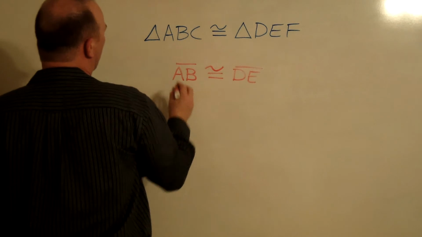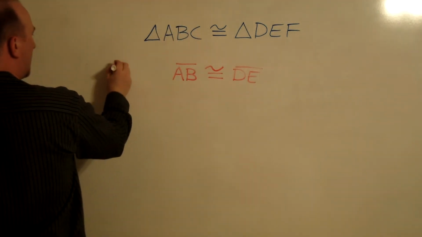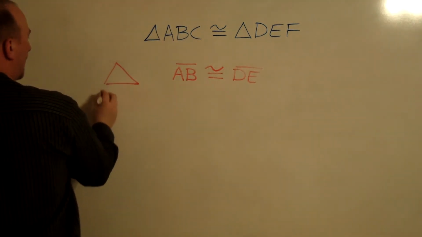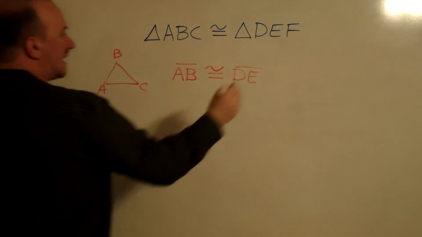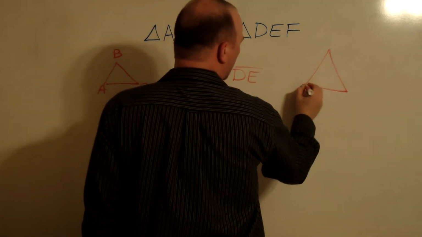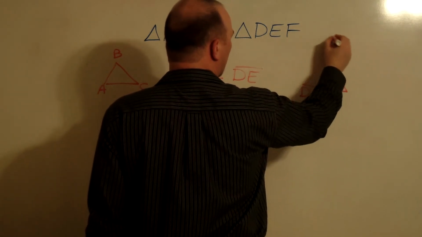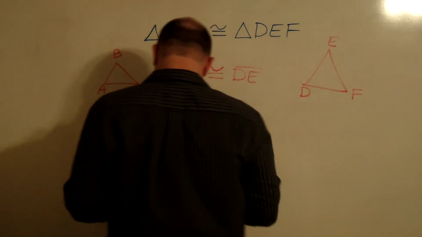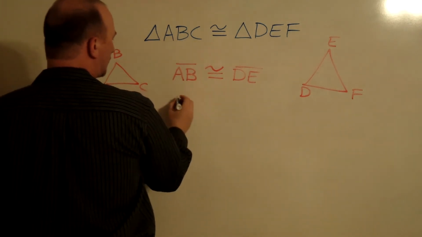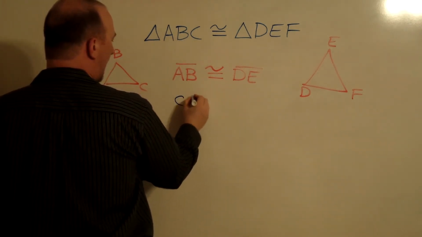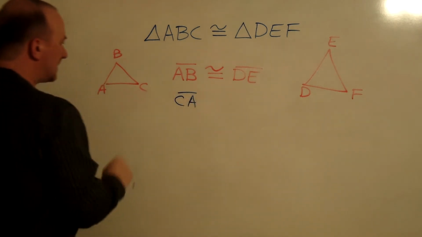If we would say that here is triangle, let's draw triangle ABC, and let me draw a triangle DEF. And let me draw another one, line segment CA.